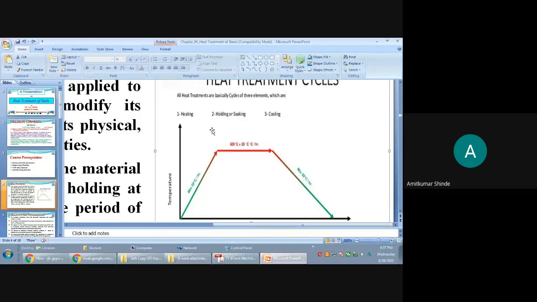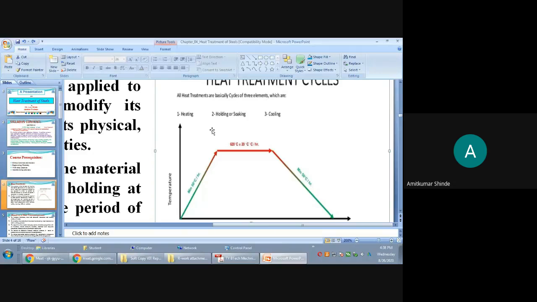Sometimes you can directly heat it by keeping it in the furnace, or you can use different mediums also. While performing the heating, care should be taken that the heating is uniform, and it should be performed in the least time possible. Means heating should be quick and uniform. That is the first point.